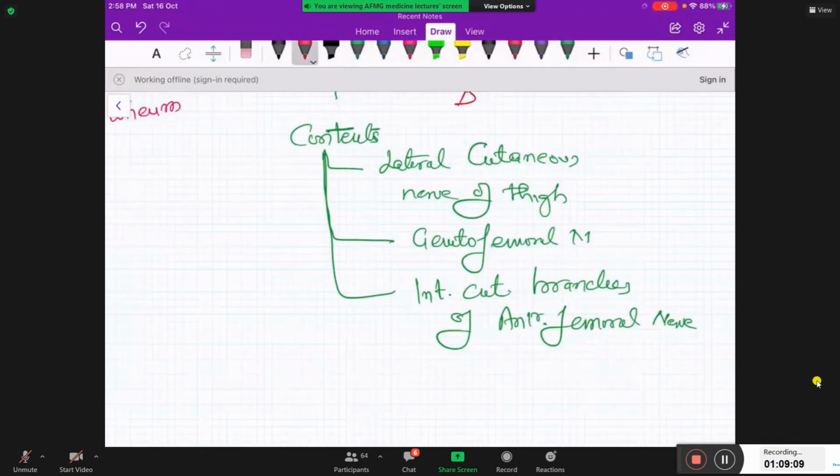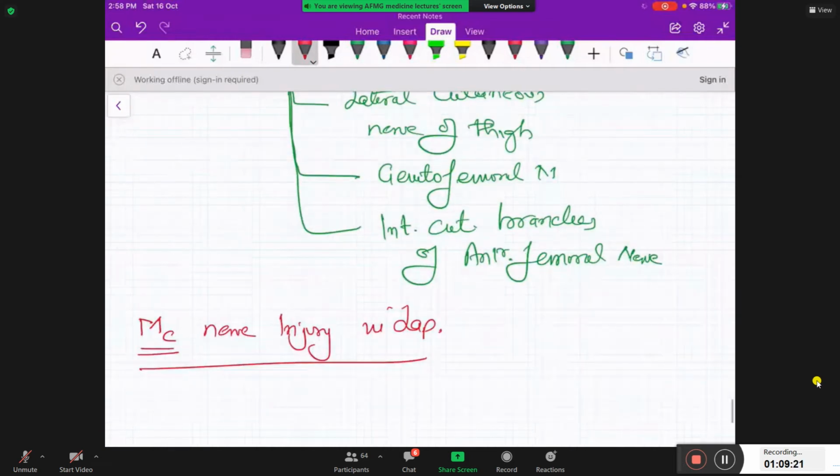Now, a very commonly asked question: the most common nerve injury in laparoscopic hernia repair is the lateral cutaneous nerve of thigh.